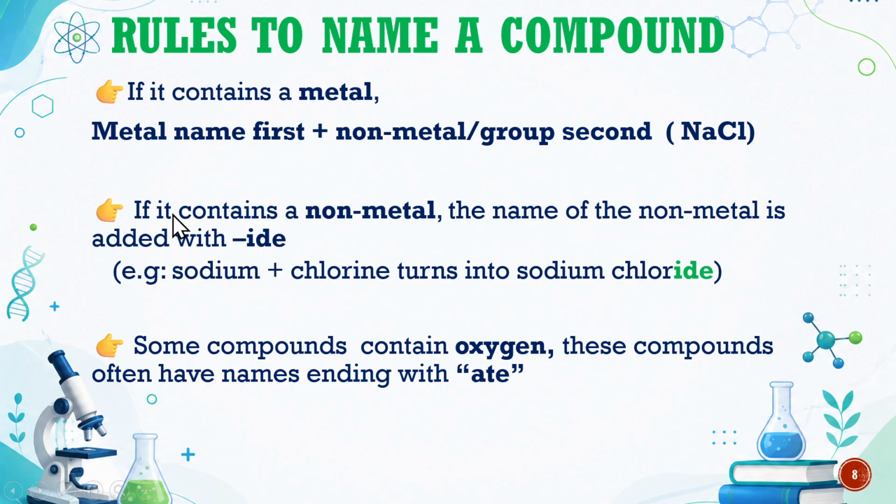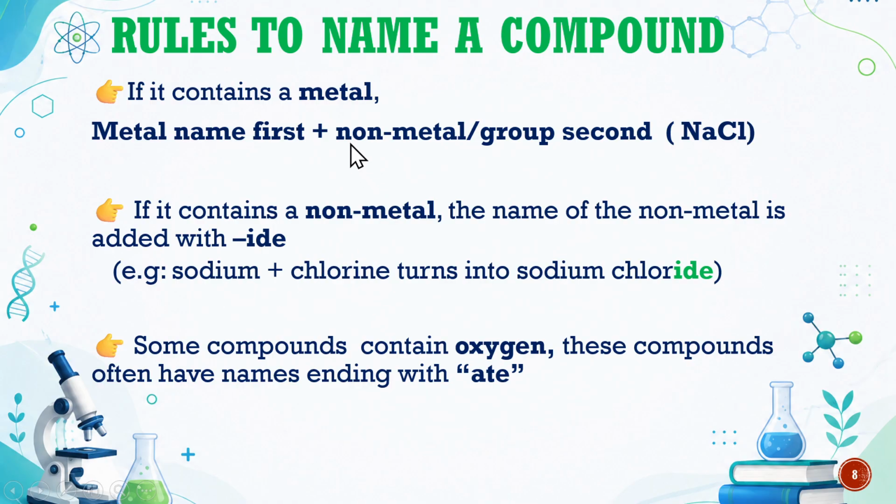Okay, now if your compound contains a non-metal, the name of the non-metal is given the ending -ide. Let's stick to the example of sodium and chlorine combining together. You have sodium as the metal, and chlorine is the non-metal.